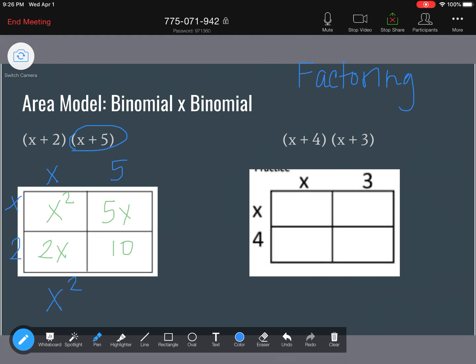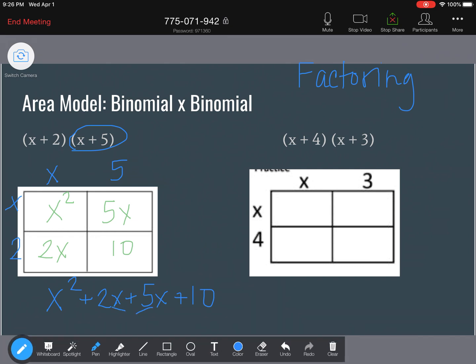We're going to add our 2 together. We have 2x plus 5x plus 10. We'll combine the 2x and the 5x, and we get x squared plus 7x plus 10.